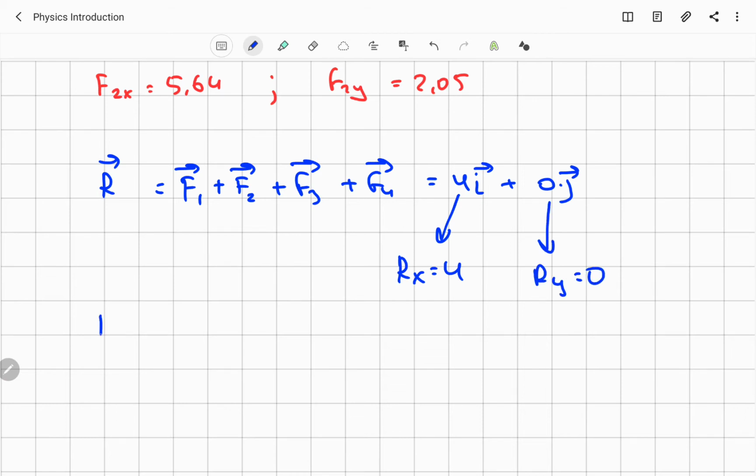So what is the x component? The x component is f1x plus f2x plus f3x plus f4x.